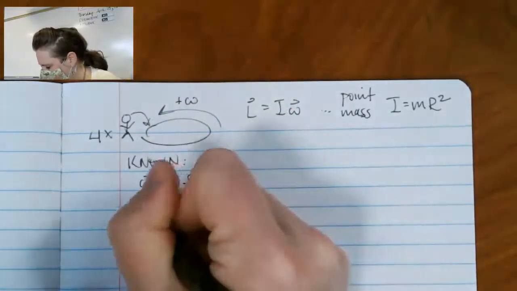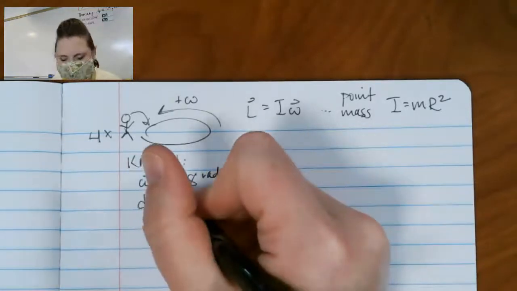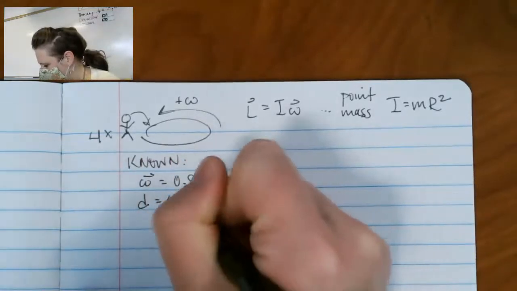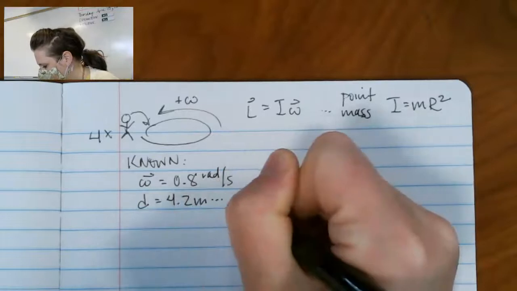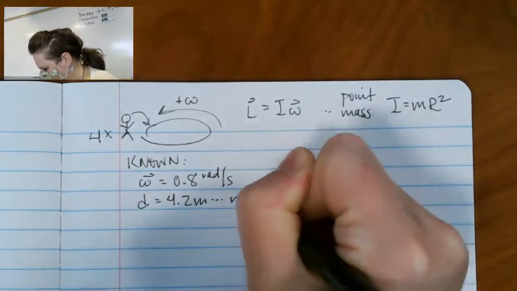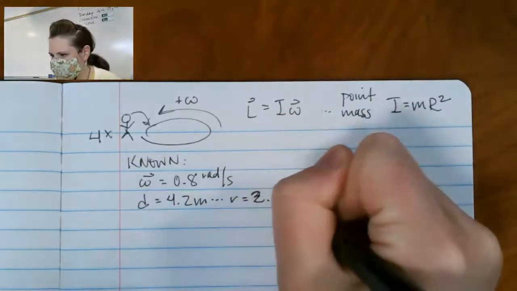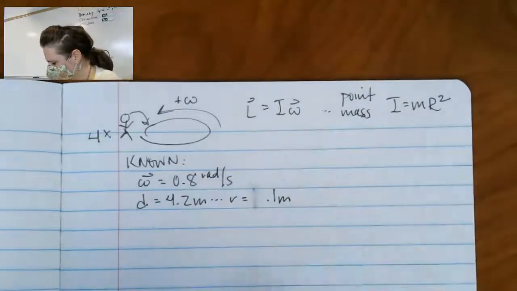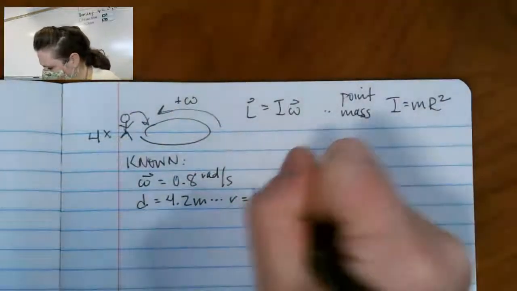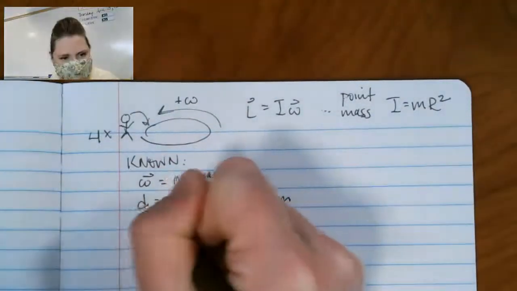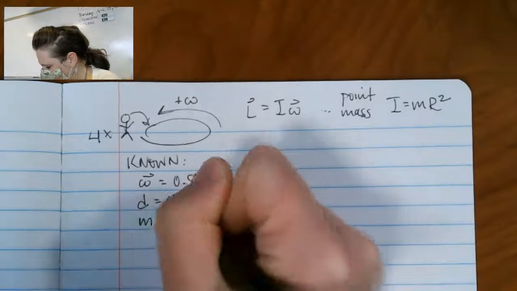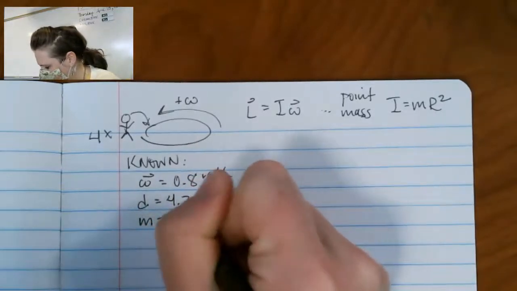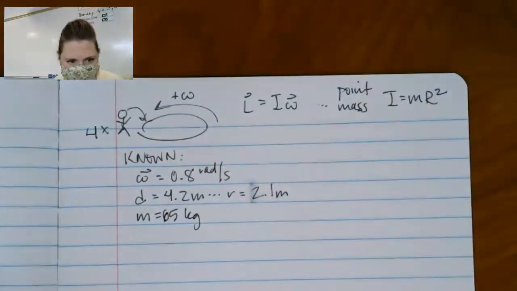The diameter of our merry-go-round is 4.2 meters, so that means our radius is 2.1 meters. The mass of each person, I believe, was 65 kilograms, and there are 4 of those people.